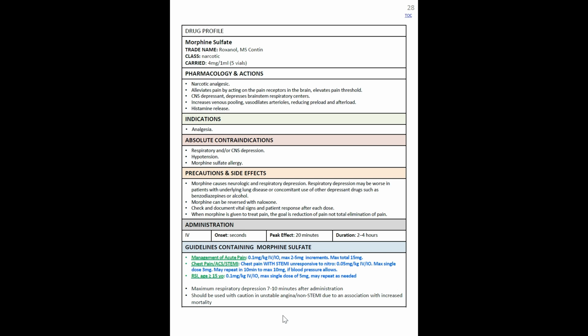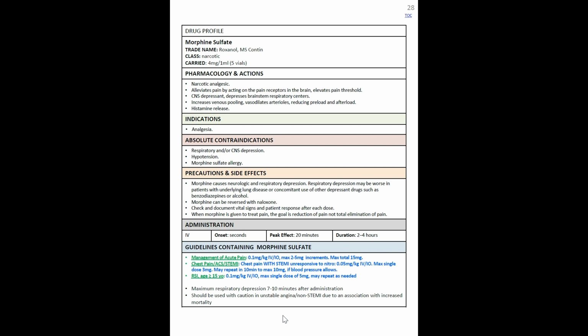Some indications are for analgesia or pain. Some contraindications with morphine are respiratory and CNS depression, hypotension, and morphine sulfate allergy. So we want to be careful with giving these drugs, and some precautions and side effects: because morphine releases histamine, you may see a drop in blood pressure after giving this medication, especially in higher doses.